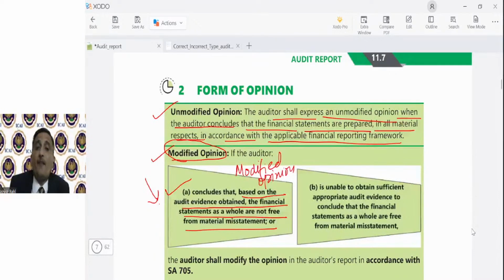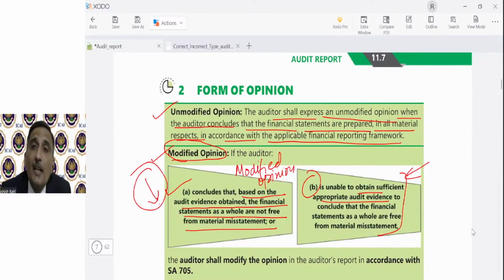Or say if the auditor is unable to obtain sufficient appropriate audit evidence. One case is that he got the audit evidence; the other is that he did not get audit evidence at all.